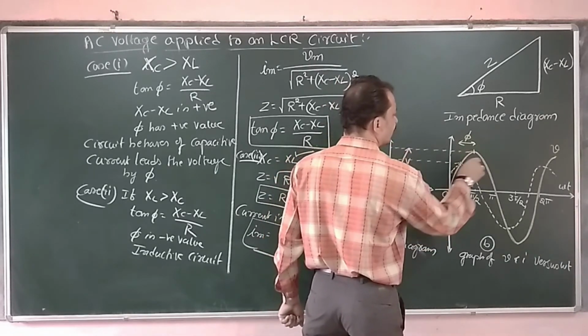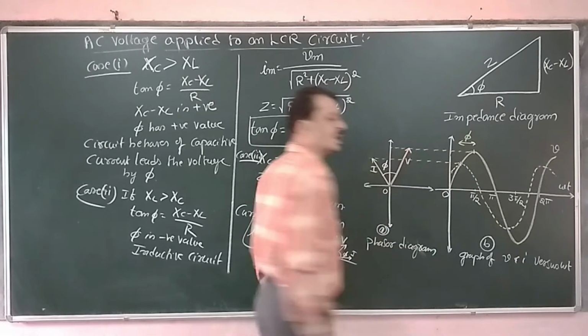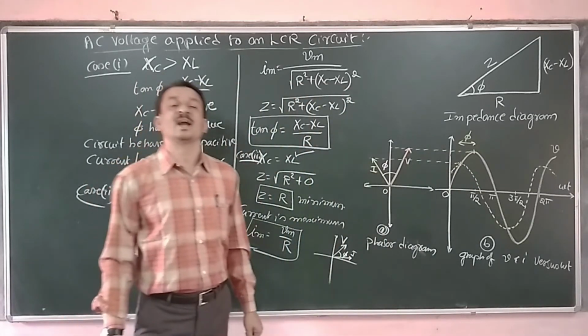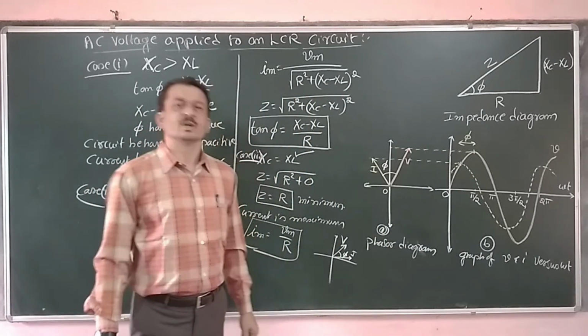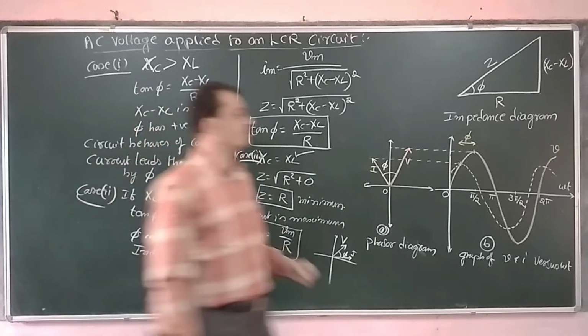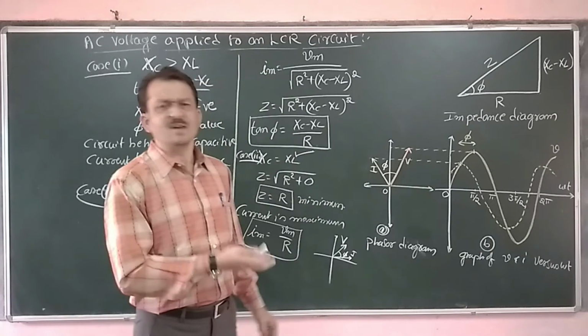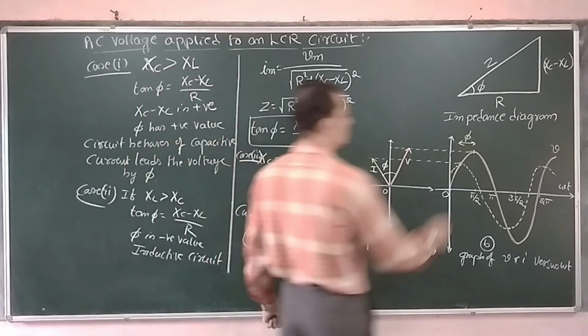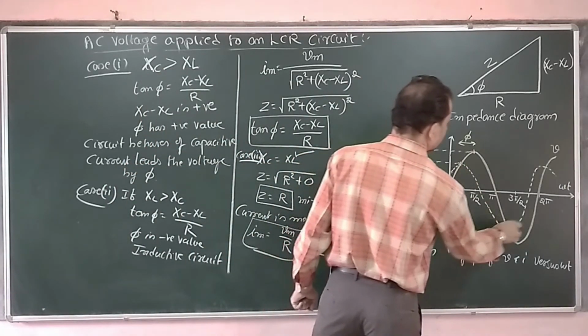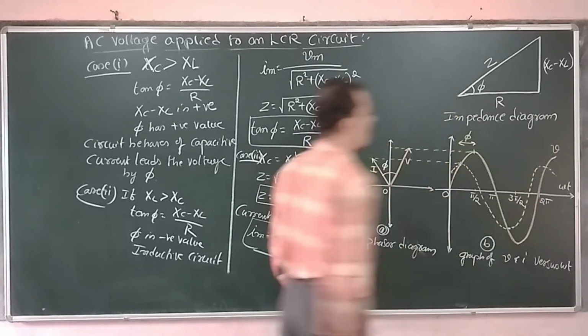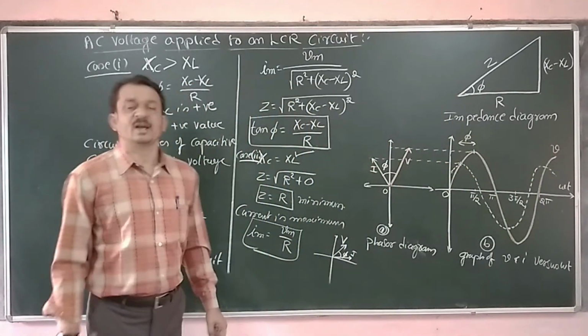If you take the difference of the peak value of voltage and the peak value of the current, that gives the phase angle phi. Then the wave pattern of current is as shown in the diagram.